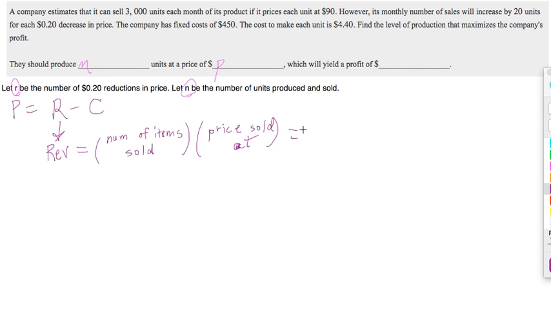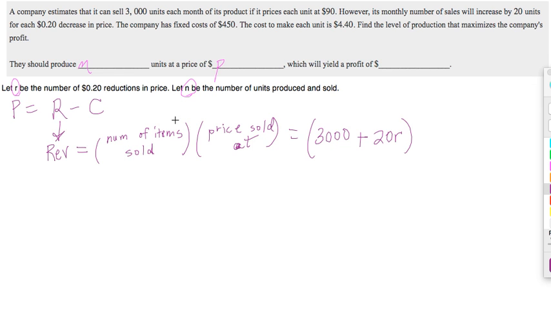We're going to find each of those in terms of R and N. So the number of items that we sell, currently we're selling 3,000. But the sales will increase by 20 units for each 20-cent decrease in price. So if we have R decreases in price, for each R, sales increase by 20. So we're going to say plus 20R.